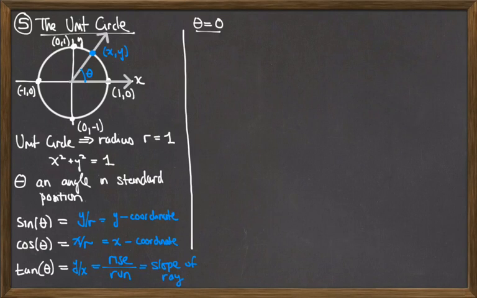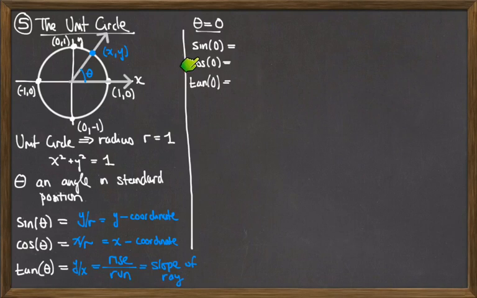Okay, let's look at some low-hanging fruit here, some easy examples to compute. I'm going to take theta to be the 0 angle. So I want the sine, the cosine, and the tangent of 0. So what do I have to do? I have to look at my angle. It starts along the positive x-axis. It has no rotation because it's 0 degrees, so it ends on the positive x-axis, and it hits the unit circle at the point 1, 0.